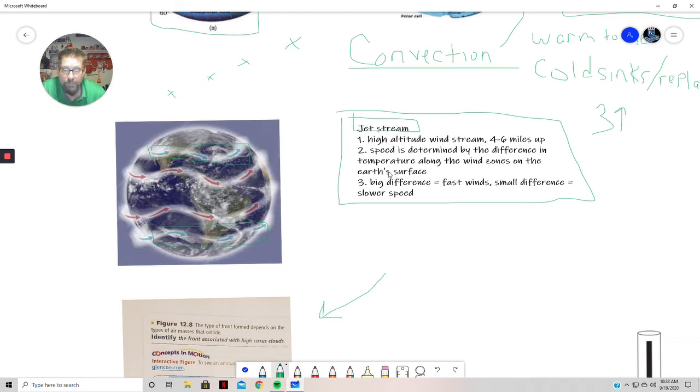All right, the three things that you want to make sure you understand about the jet stream is that they're very high in the atmosphere. We're talking 4 to 6 miles up. And that's one of the reasons. There's lots of other reasons, which I will also mention, but that's one of the reasons why airplanes, if you've ever flown, can you remember the altitude that you were flying at?